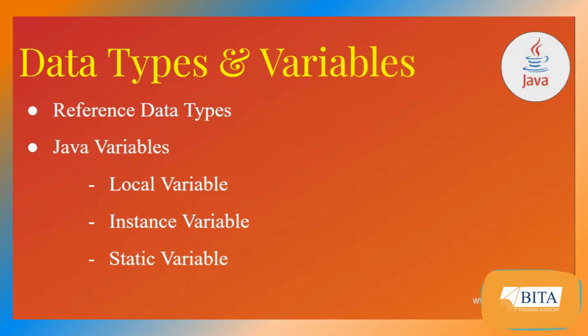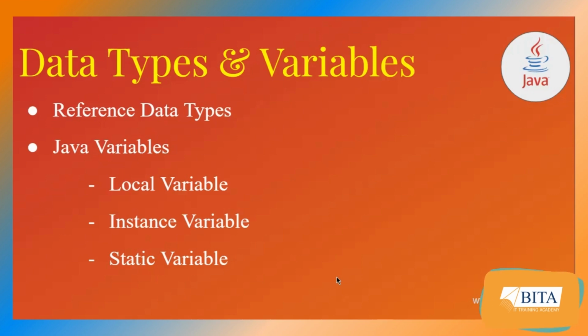Simply, we can say that a Java variable is the name of a memory location. Either data or a character, these kinds of things are called Java variables. We have three types of variables: local variable, instance variable, and static variable. Now we will see all three with an example.